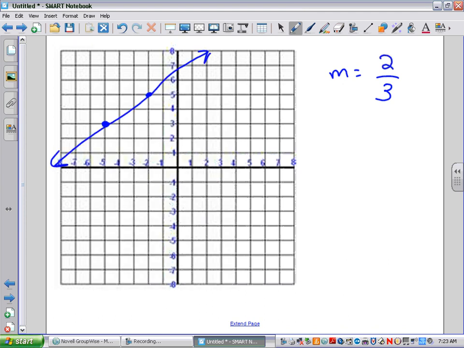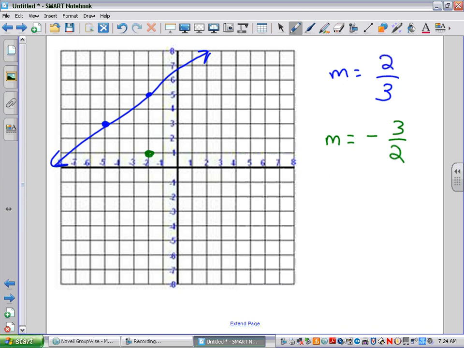Sorry about that. So if my first slope was 2/3, what would be my perpendicular slope? Well, opposite means negative. Reciprocal is 3/2. So let's graph some random line. Let's start right here.